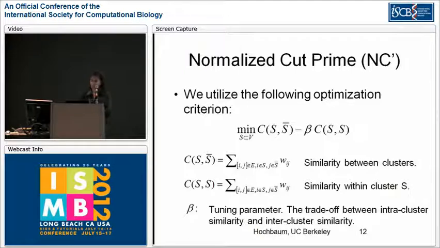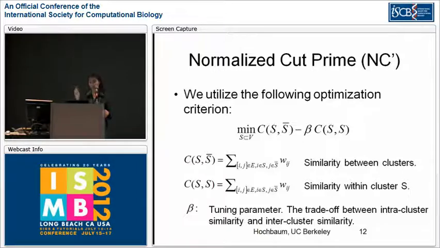The way it is employed here is that we look at an optimization criterion that involves two parts. The first part is to separate as much as possible. So C(S, S bar) is the total similarity between the set S and the set S bar, and we want this similarity to be as small as possible. This is also called a cut, the total weight of edges that have one endpoint in S and the other endpoint in S bar.